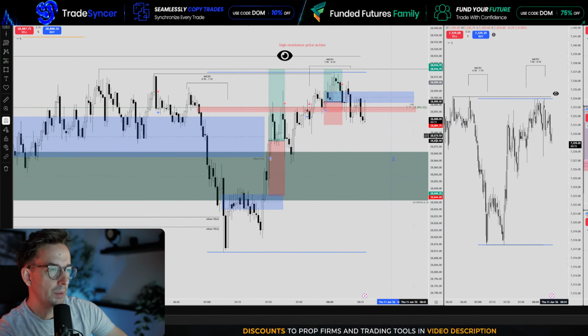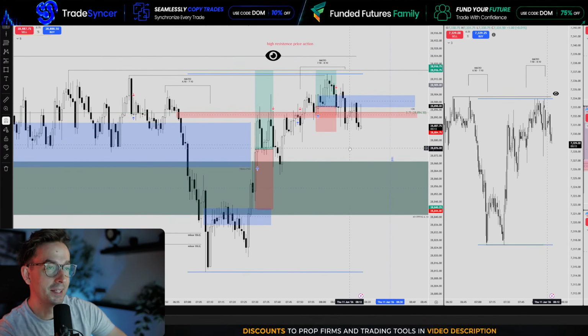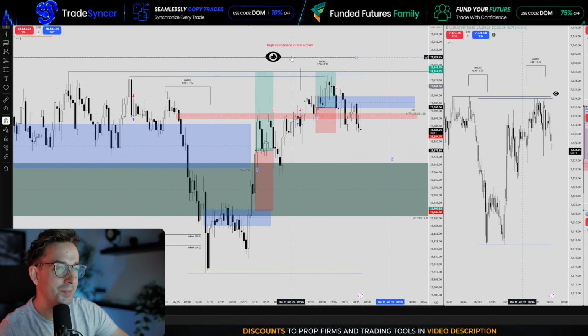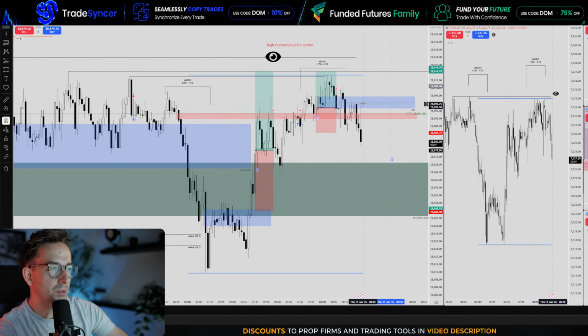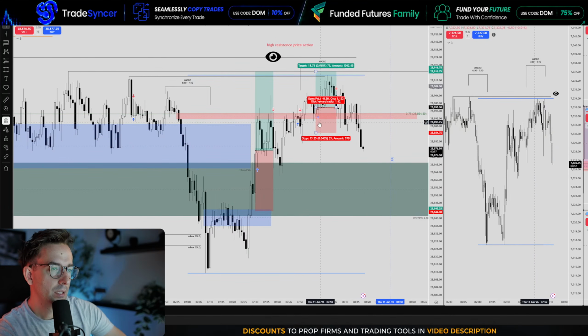Price right now, candle reading, so it's tough to read high resistance price action, but price went into this bearish order block here that we're looking at before, which technically, in my opinion, I have no interest in. Close aggressively below. We had that shift in market structure, and as I said before, this might be the next pull.